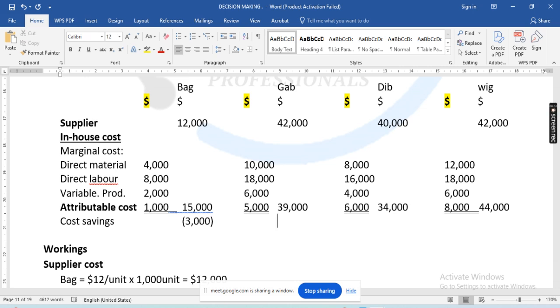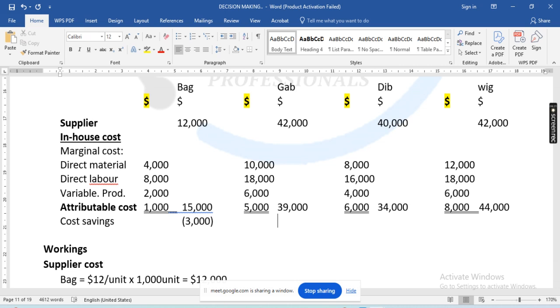The decision here: if the supplier quote is lower, you will get a negative, right? If the supplier quote is lower, you have a negative. But if the supplier quote is higher, you have what? Positive. Now, what is now the decision?